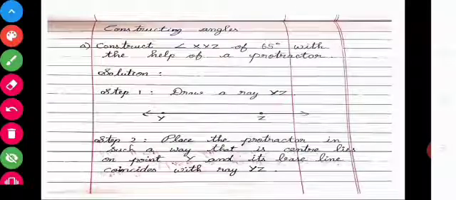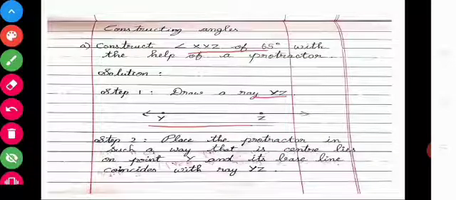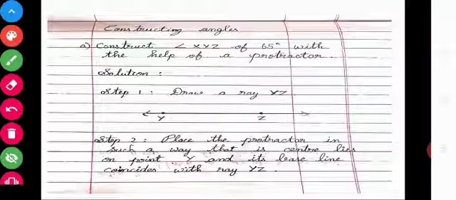Look at the example. Construct angle XYZ as 65 degree with the help of a protractor. Step 1. Draw a ray YZ. Step 2. Place the protractor in such a way that its center lies on point Y and its baseline coincides with the ray YZ.